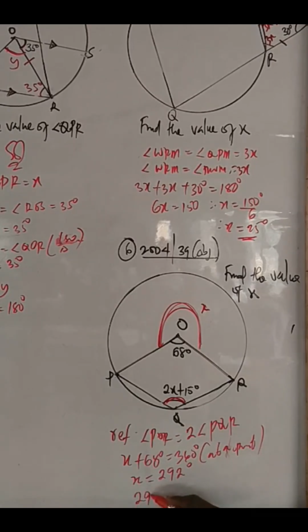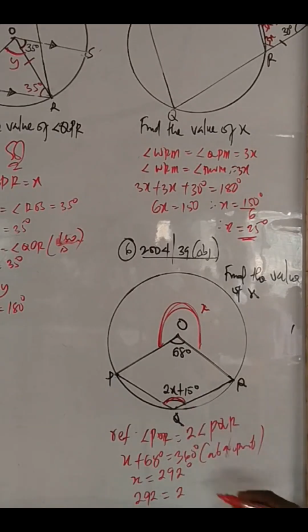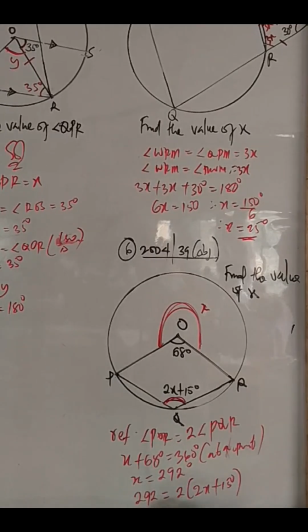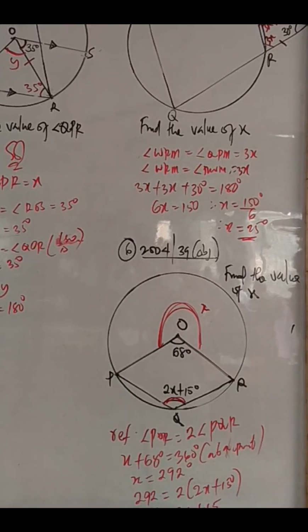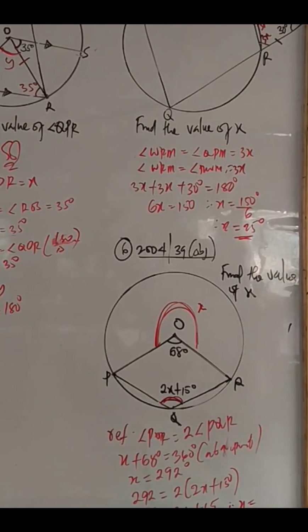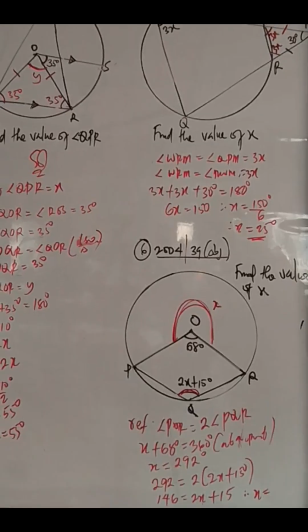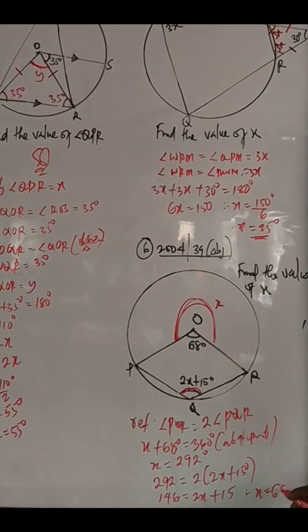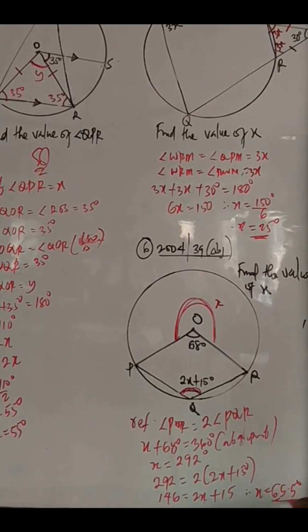So 292 equals twice PQR. What's PQR? 2x plus 15. And we have to solve for x. So divide by 2: 146 equals 2x plus 15. We remove 15 from 146, divide the answer by 2, and we get x to be 65.5 degrees.